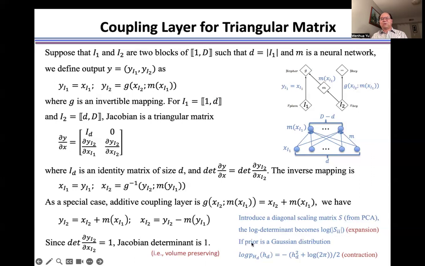If the prior is a Gaussian distribution, we can calculate the first term in the log likelihood as here. So we can substitute this log prior and log determinant into the log likelihood. And now we can use the stochastic gradient descent method to train the model.